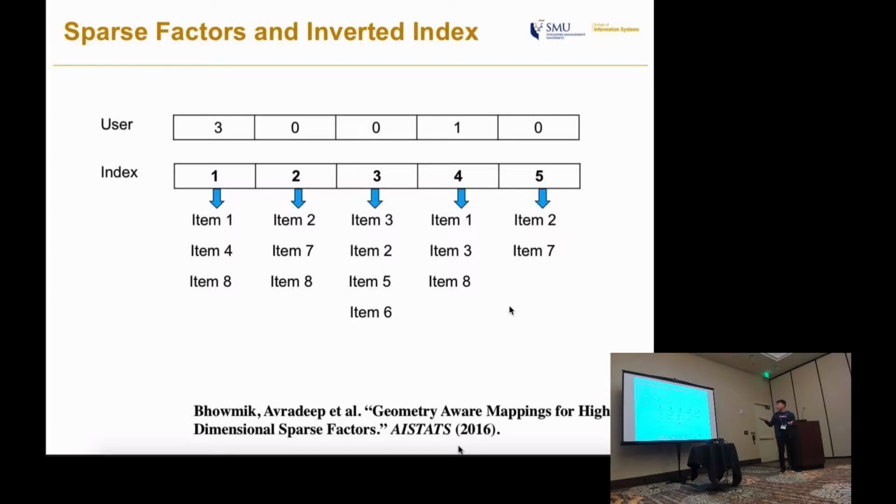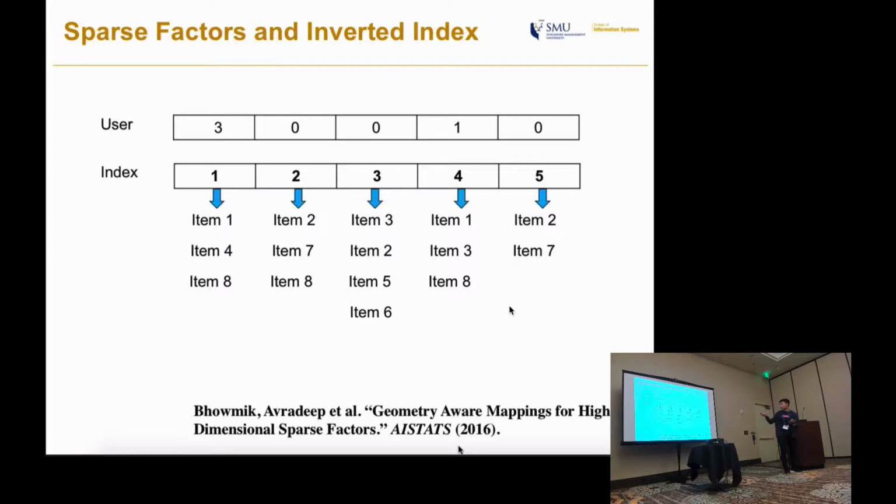So the inverted index here is to say that at the first position, these item vectors have non-zero values. The second, item 2, item 7, and item 8 have non-zero value at coordinate 2. By the time of doing retrieval, you have the user sparse vector. What you need to do is just to look at the posting lists, the lists of items for the non-zero indices of the user vector.